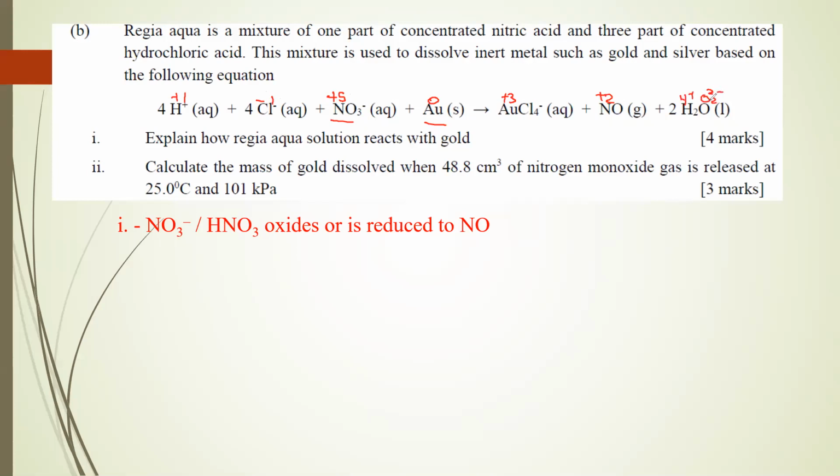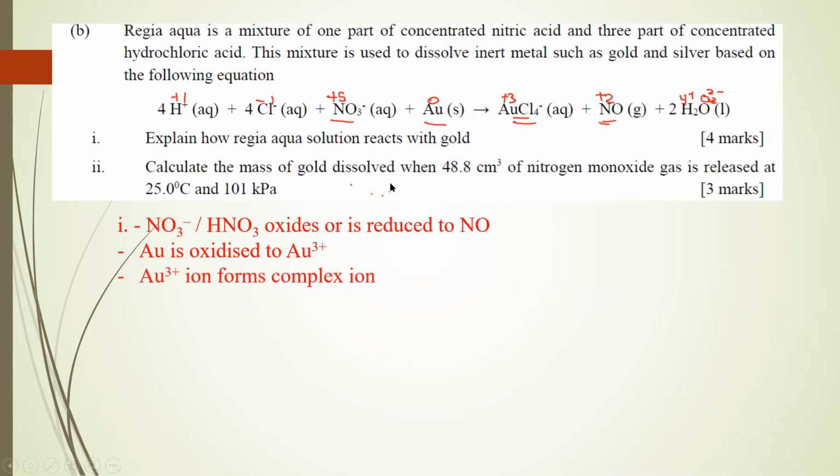So basically it's the reaction between gold and the nitrate ion. To explain how regia aqua solution reacts, first, you say that nitrate or nitric acid is reduced to nitrogen monoxide, while gold is oxidized to become gold 3+, easier for transportation.